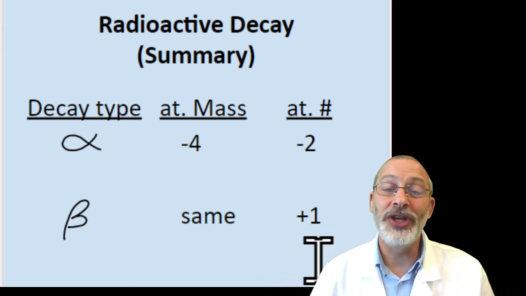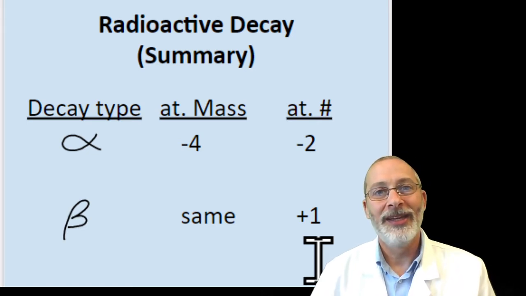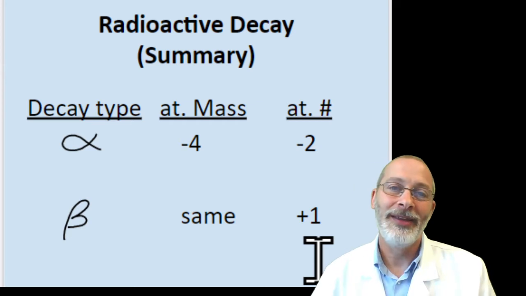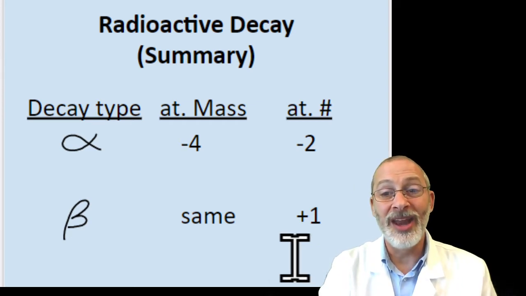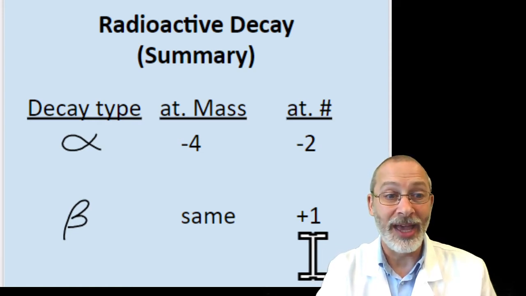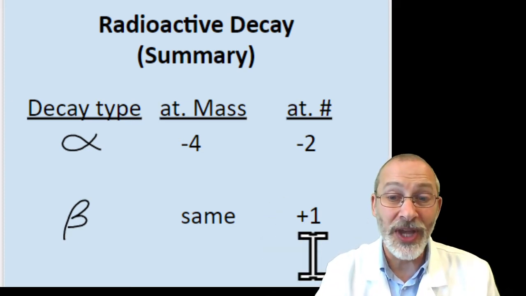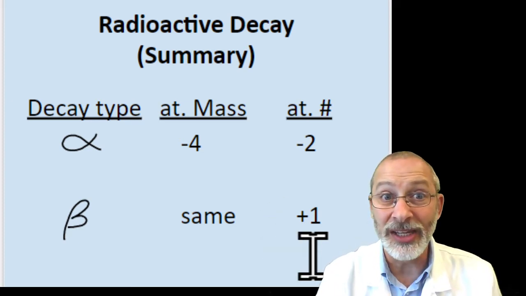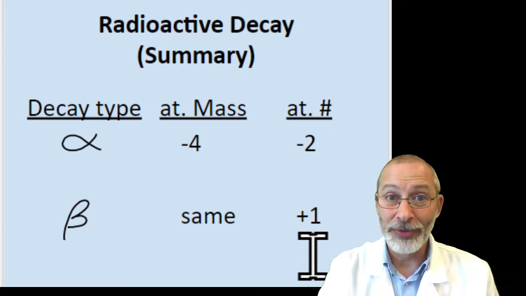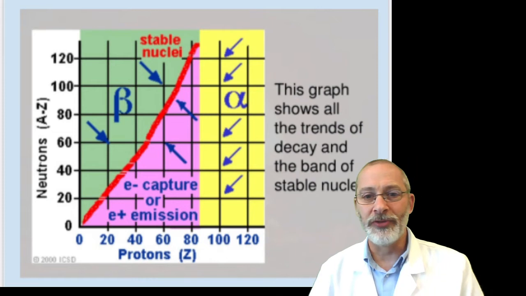And because it's turning into a proton, you're gaining 1 with the atomic number. So the atomic number actually goes up with beta decay. Think about that. Review this summary table and study it for your lab tomorrow and the quiz. All right, so let's move on here.